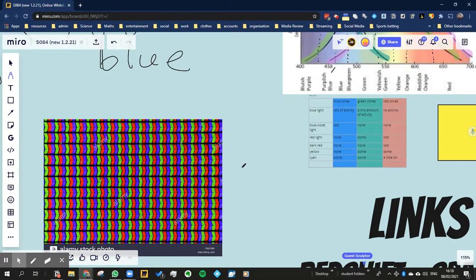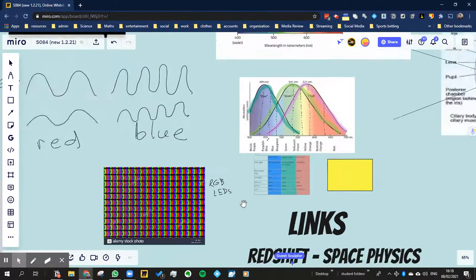And if you start studying this topic, you'll see RGB coming up all the time, and that just means red, green, blue. So RGB LEDs, red, green, blue LEDs, light emitting diodes. So that's basically how we see colour.